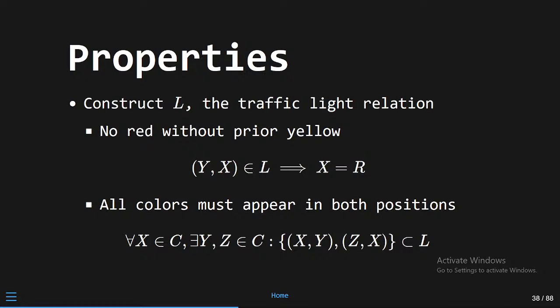And so I have formulated this as the requirement that you must be able to go through every color. The way you go through every color is you either go from a color to that color, or you go to that color from some other color. So for all X in the colors, there exist Y and Z in colors such that X precedes Y and X follows Z. So there is a color before and a color after every color. Not too bad.